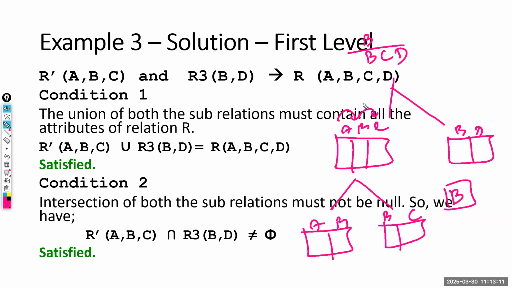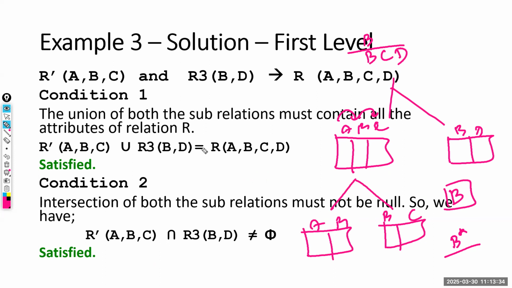Second condition satisfied. Third one: is your intersection a super key of any of these two tables? So our intersection field is now what? B. Let's find B's closure. If B closure contains either C or A, we are done.